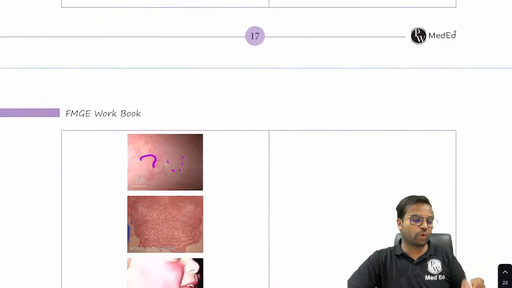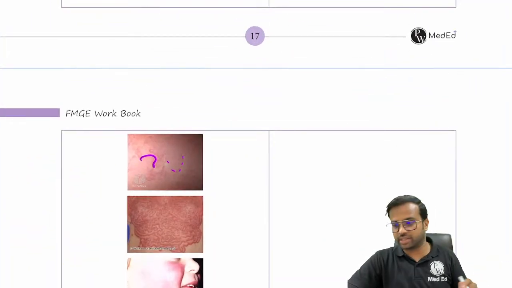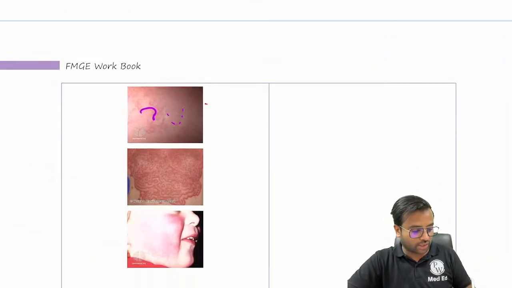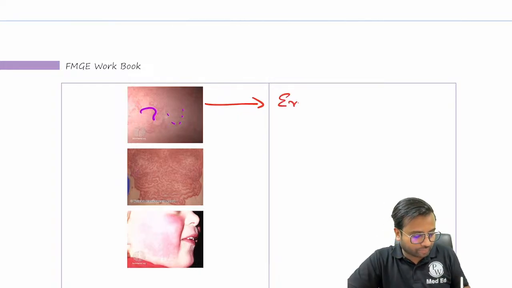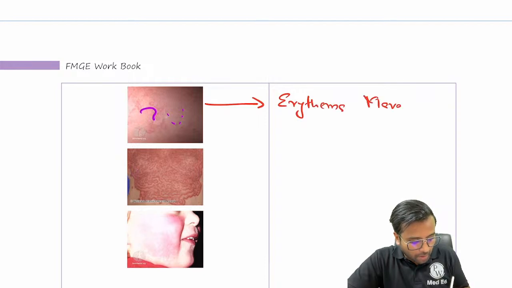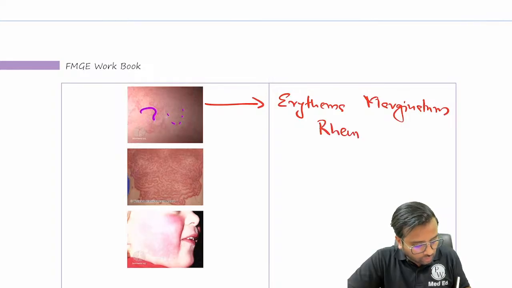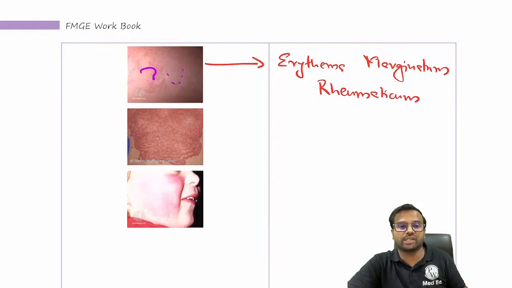The clue for you is that the patient has some heart disease. Very good. So this is called erythema marginatum, also erythema rheumaticum, because it is seen in rheumatic heart disease.